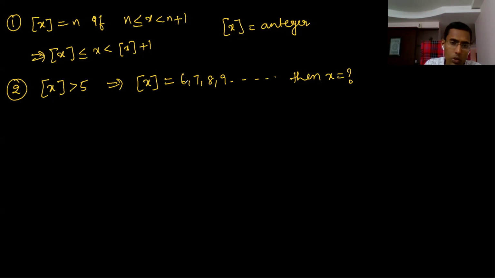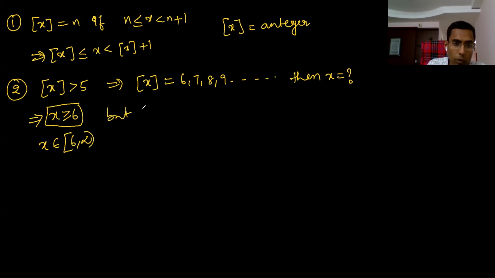Now if you have to get bracket x value 6, that means x can be 6.1, 6.2. If you take x equal to 6, then no problem. If you take 5.999, it is not the answer, so x is greater than or equal to 6. That means x belongs to closed 6 to infinity.